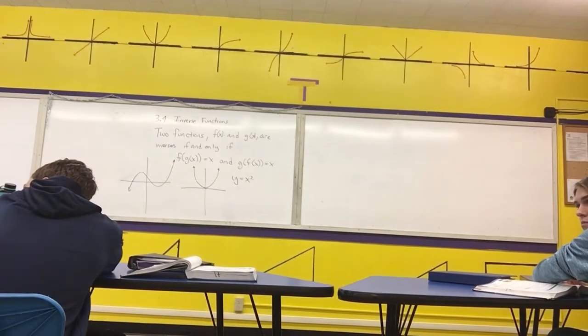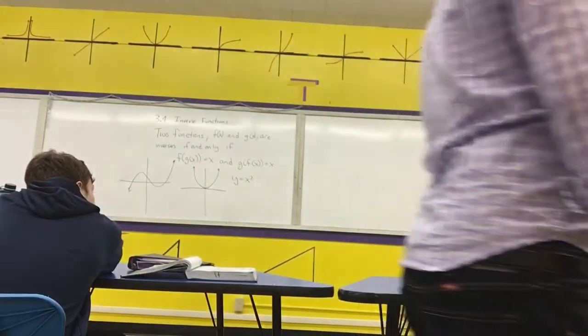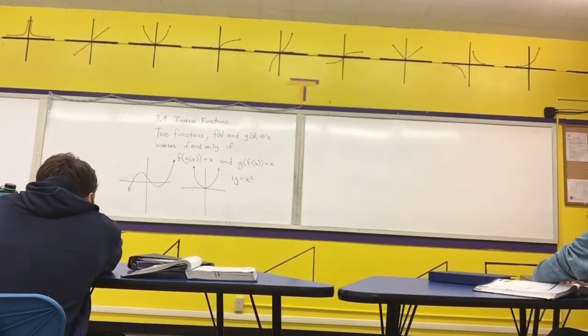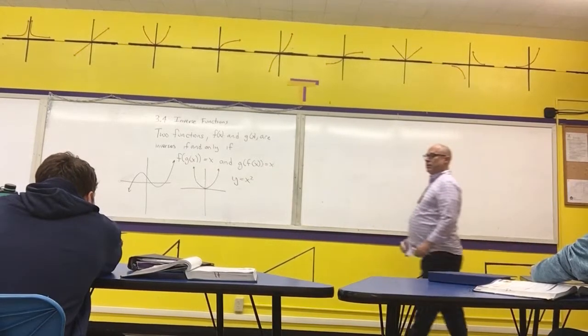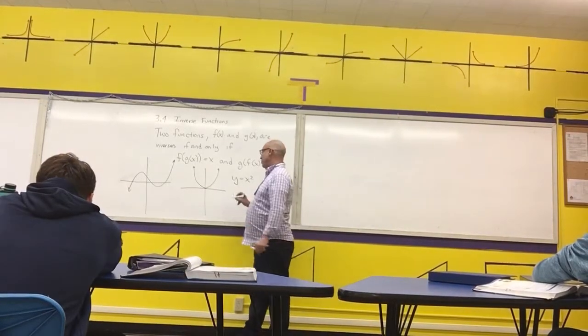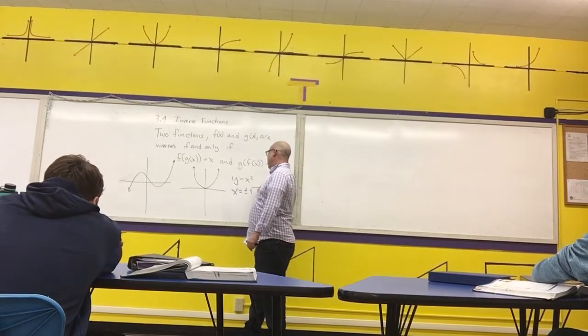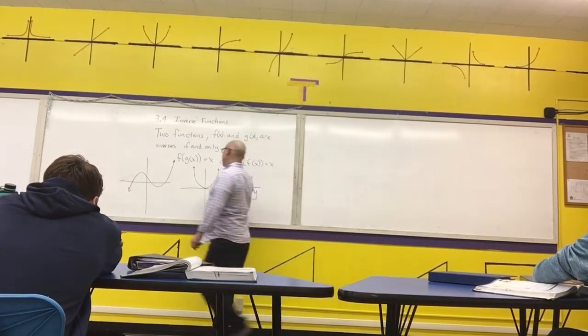So the inverse of addition is subtraction. The inverse of multiplication is division. What's the inverse of squaring something? Now if you take the square root, what are you going to get? Two numbers. So what are the two numbers you're going to get here when you take the square root? You get x equals plus or minus the square root of y, which is this graph.